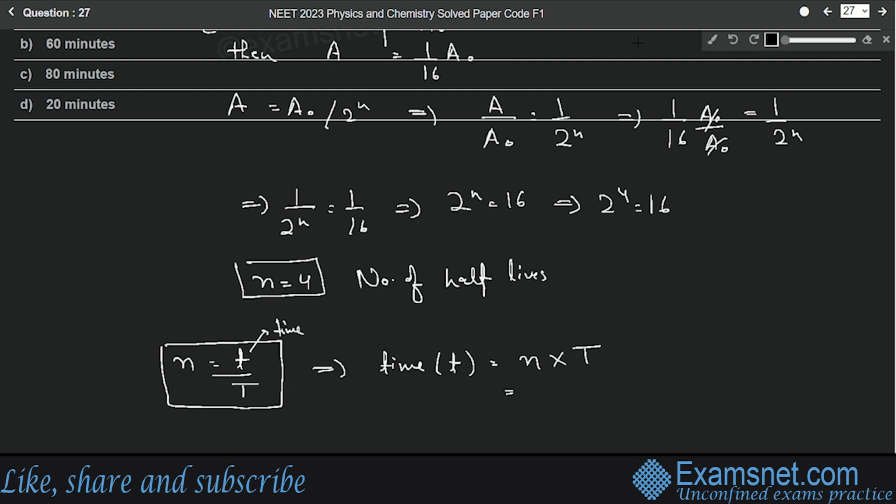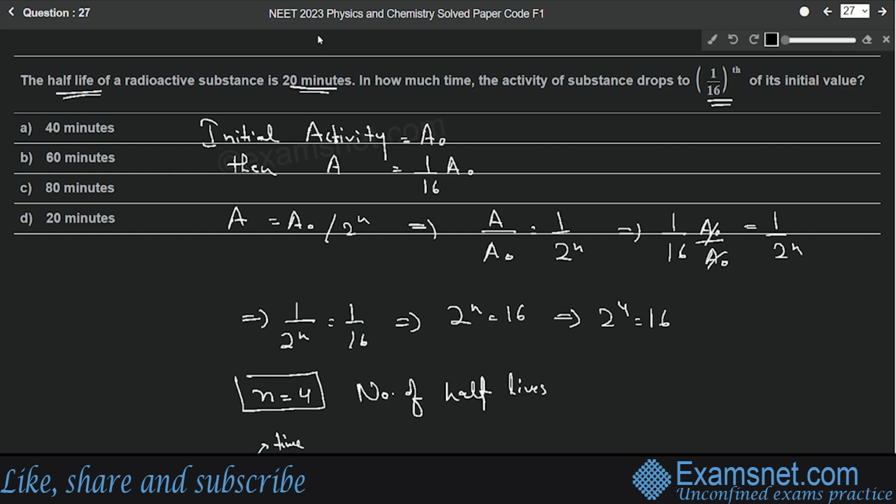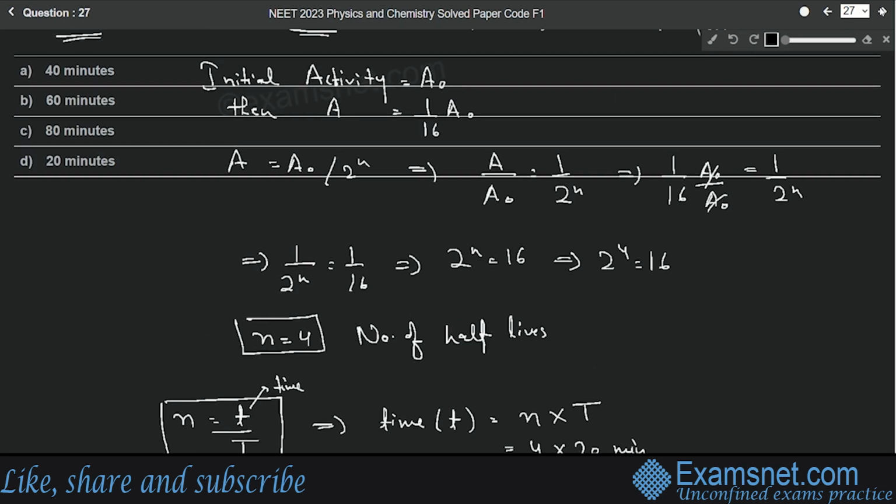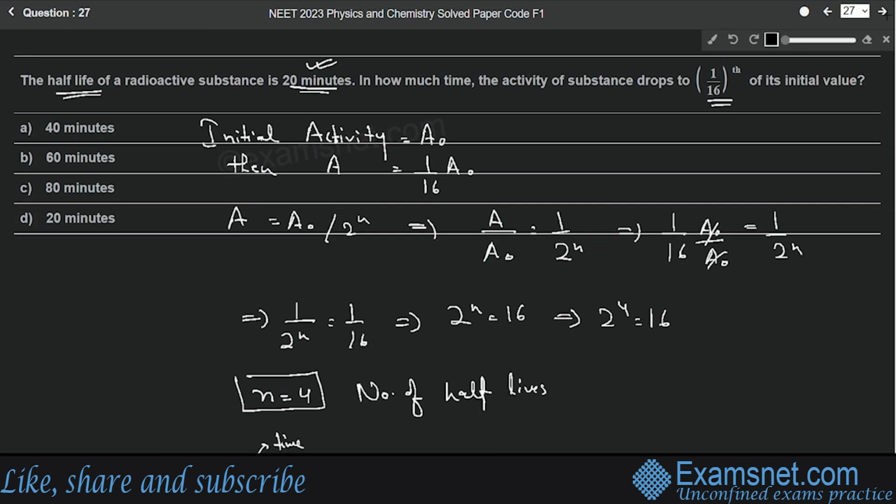Okay. So number of half-lives is 4 and half-life was given as 20 minutes. So 4 into 20 minutes, that is 80 minutes. So the total time will be 80 minutes. That means option number C will be the correct answer.